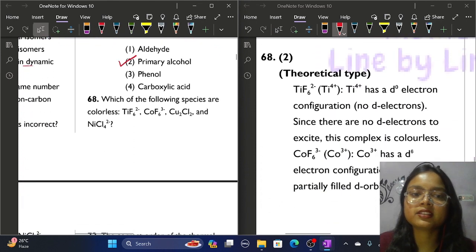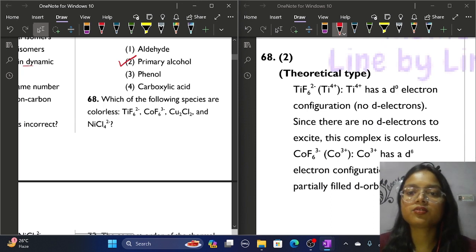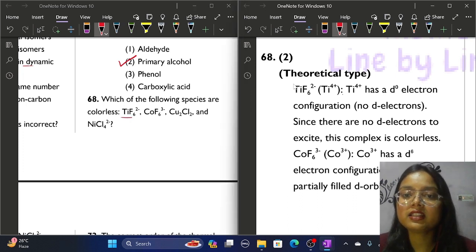For question number 68, which of the following species are colorless? For finding the color of the species, we have to find out the number of unpaired electrons. So for TiF6 2-, here the titanium is in the +4 state.